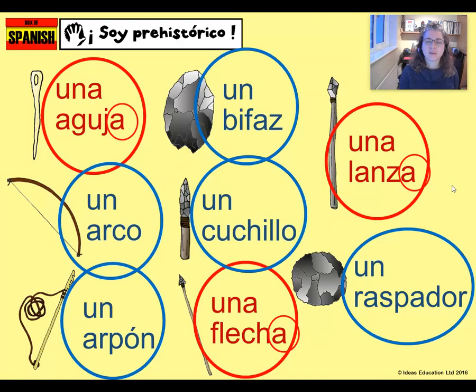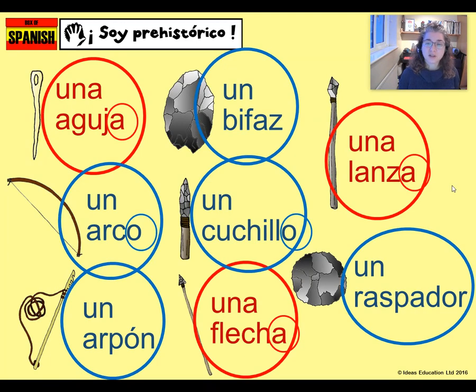Which two do you think I mean? That's right. Arco and cuchillo. They both end in an o. The other three are a little bit more unusual because they end in different letters. They end in consonants.